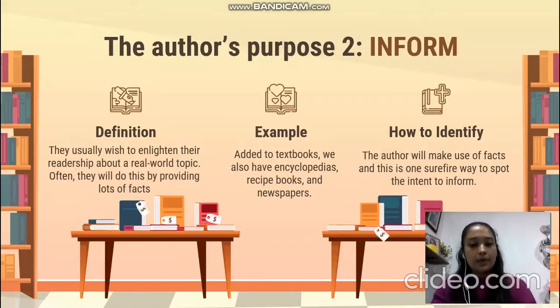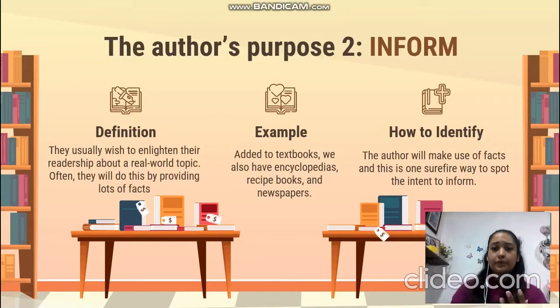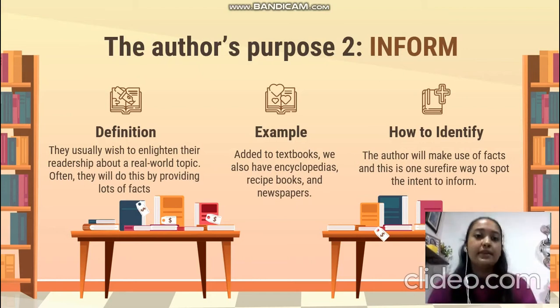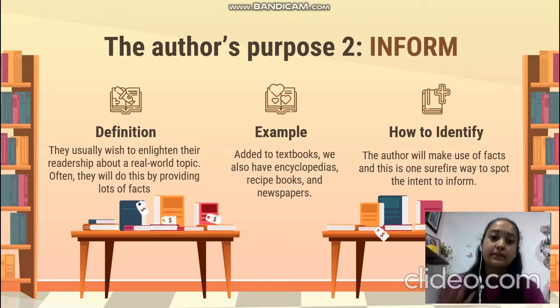Okay, the second one is to inform. When the author's purpose is to inform, they usually wish to enlighten their readership about a real world topic. Often, they will do this by providing lots of facts, where informational texts are geared towards imparting information to the reader with the purpose of educating them on a given topic.